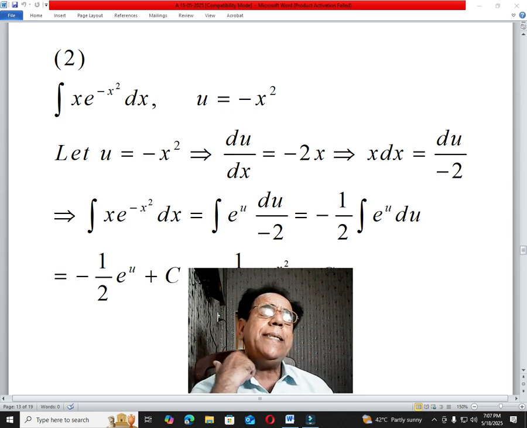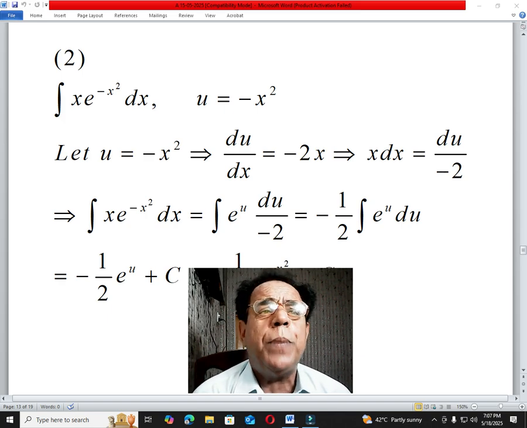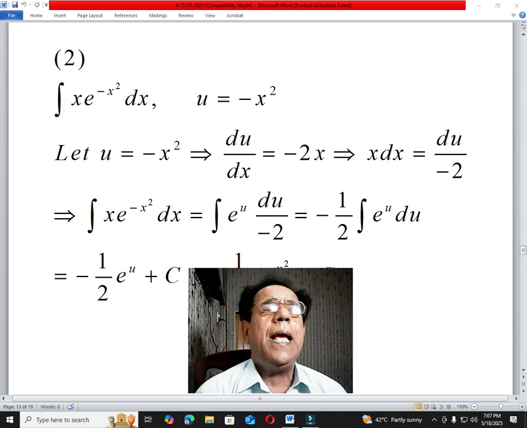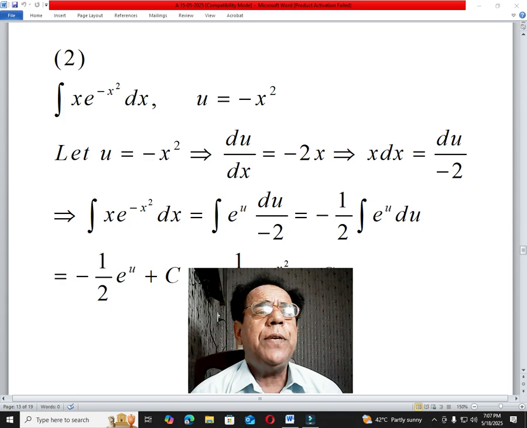So x dx appears in the problem statement, so we will use du over minus 2 in place of x dx, and in place of e raised to power minus x square, we will use e raised to power u.